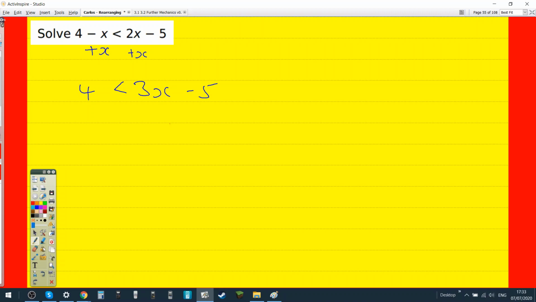Okay. So you add 5, so it's 5 and 4, and then minus 5 will become 0, and then 4 will become 9, and then it will be 9 equals 3x, and then you need to get rid of the 3.